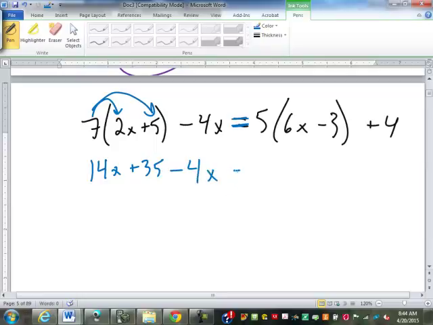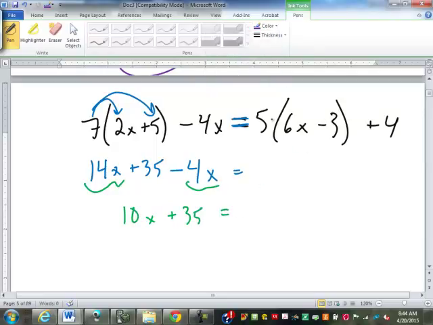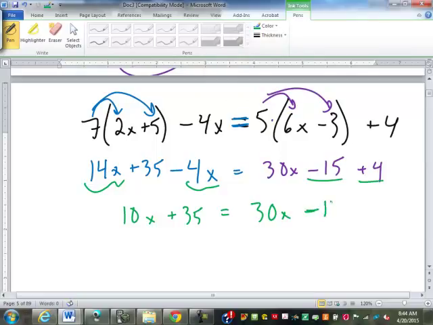Anything else we can combine there? Perfect. Over here, we're going to multiply by the 5, giving us 30x minus 15. And over there, we can combine the 30x's by itself. We got negative 15 and positive 4 make negative 11.